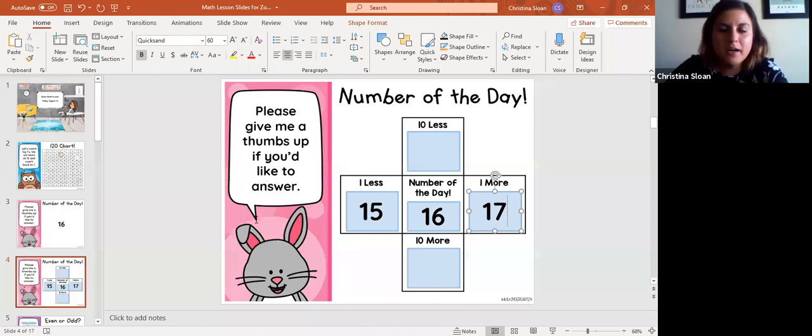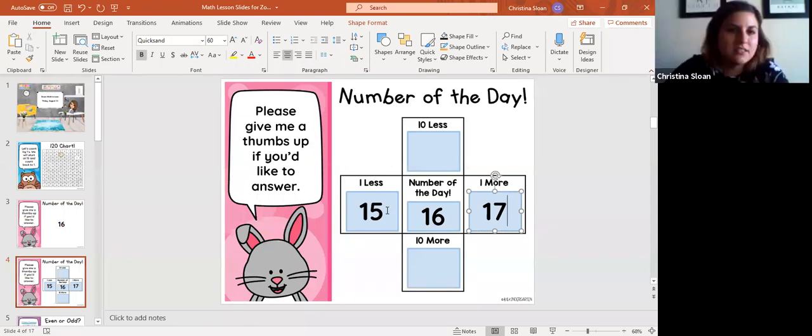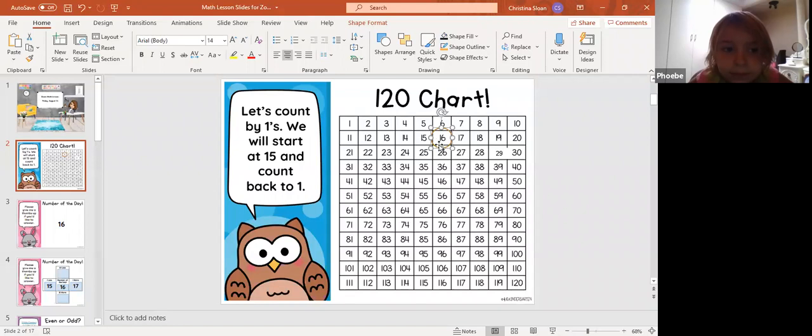Phoebe, I saw your hand pop up too. Can you help me figure out what is 10 less than 16? Let me go back to our hundreds chart. So here, our number of the day is 16, and we want to know what's 10 less. If it's 10 less, are we going back or forward? Back. So what's 10 less than 16?